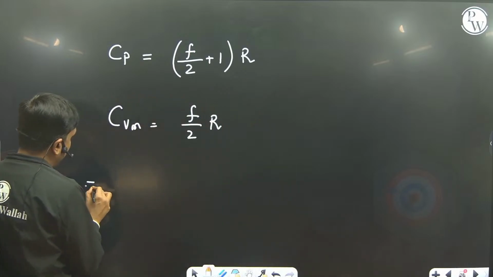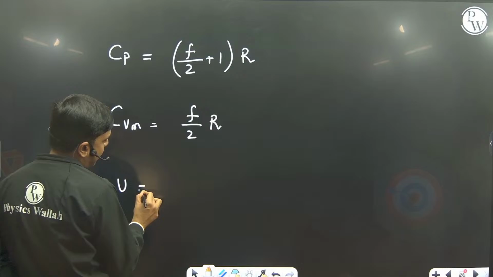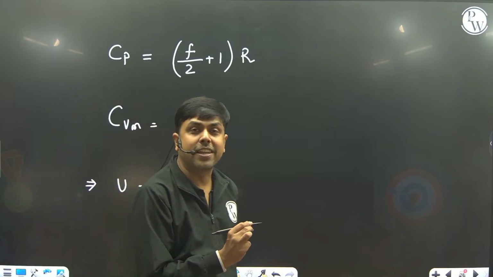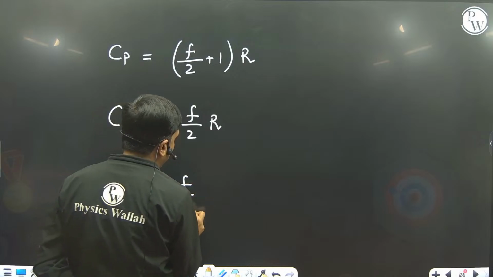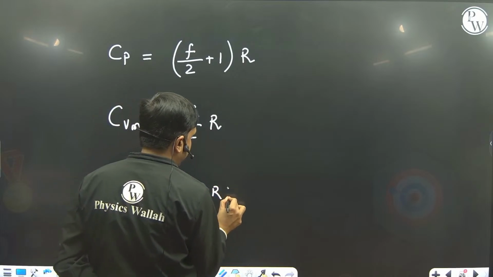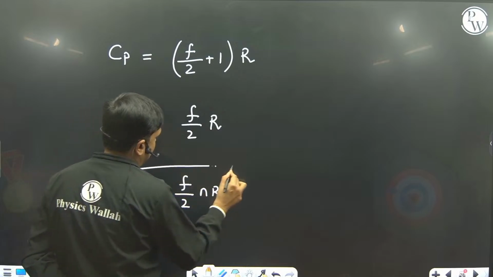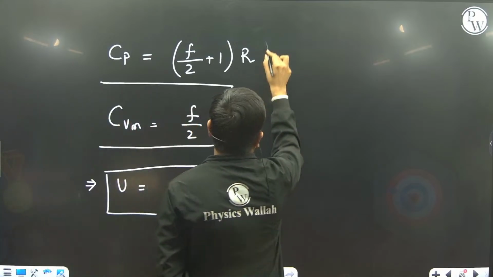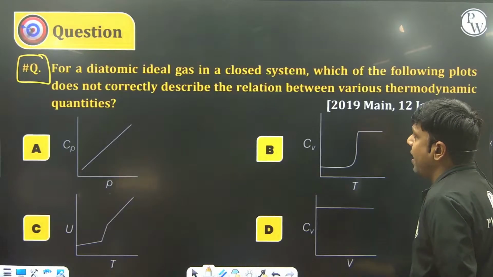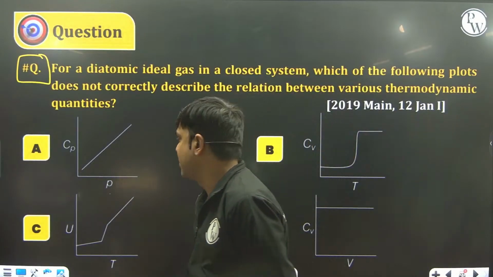Now, internal energy for an ideal gas at a given temperature for n moles is F by 2 nRT. Now use these three formulas and try to solve this question.